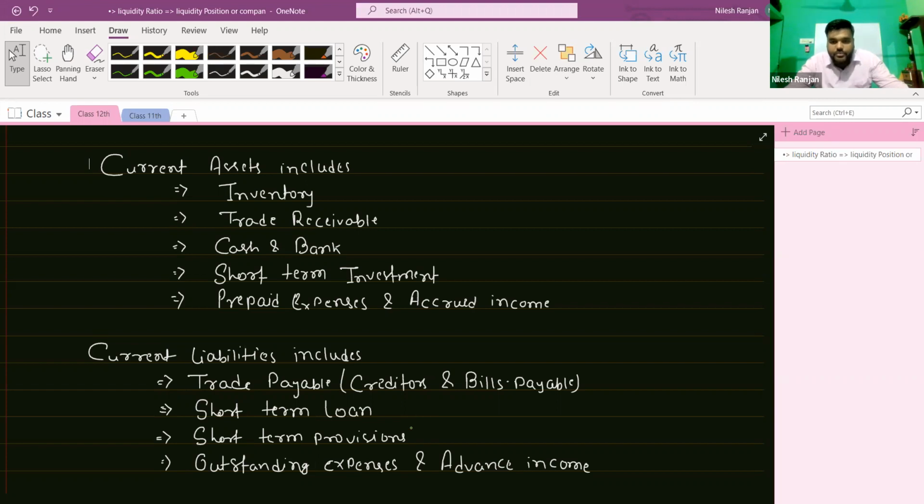And prepaid expenses. Prepaid expenses is same as what I told you about trade receivable. Let's say we paid someone to do some work for us. The time limit that we expect them to work for us is 1 or 2 months, because we paid them in advance.